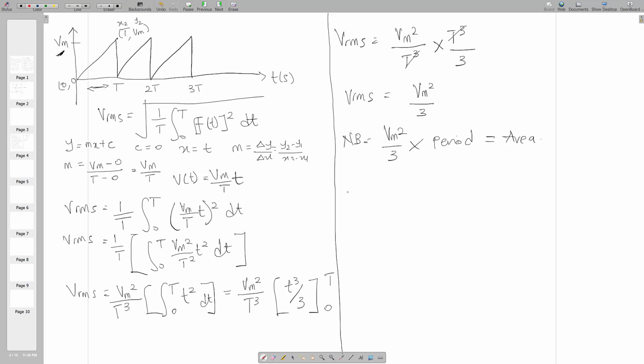But if you want the RMS value, in this case, you will take the square root of the Vm squared on 3, and your final answer should be Vm all on root 3. Very simple.